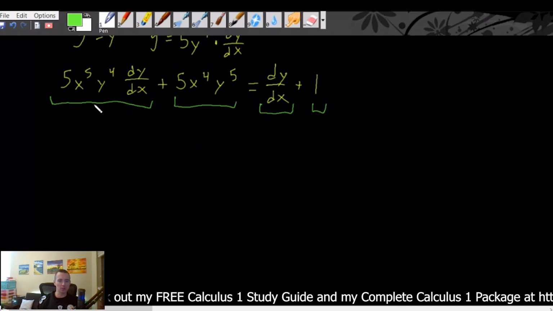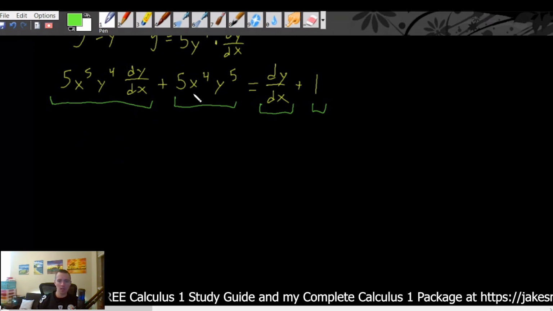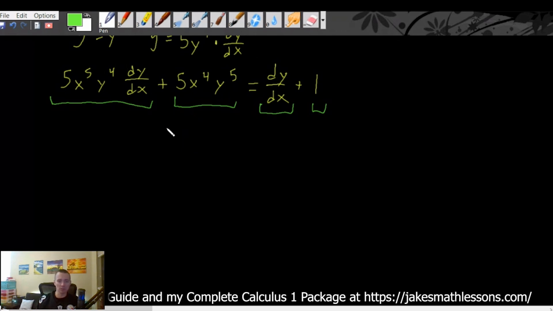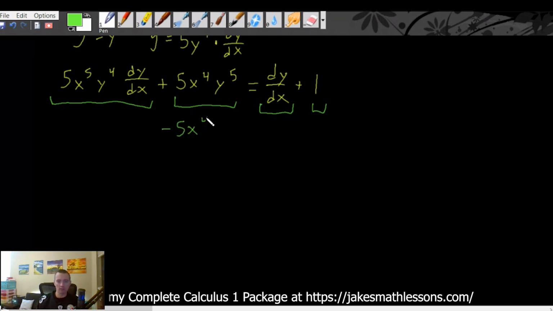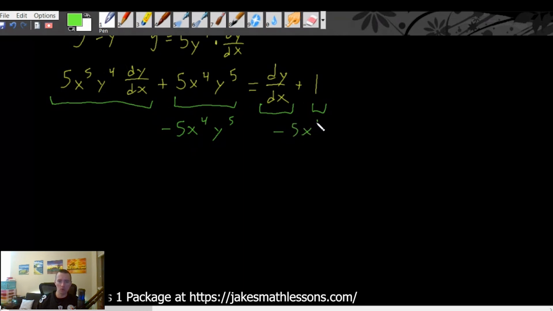So this dy dx term is already on the left. This non-dy dx term needs to move over to the right then. So we'll subtract 5x to the 4th, y to the 5th from both sides of our equation. Whatever you do to one side, you have to do to the other side also.